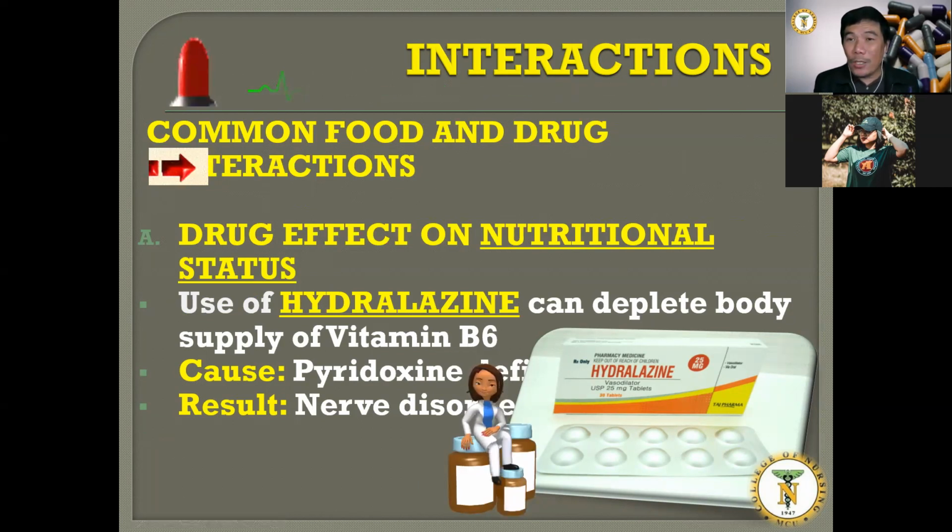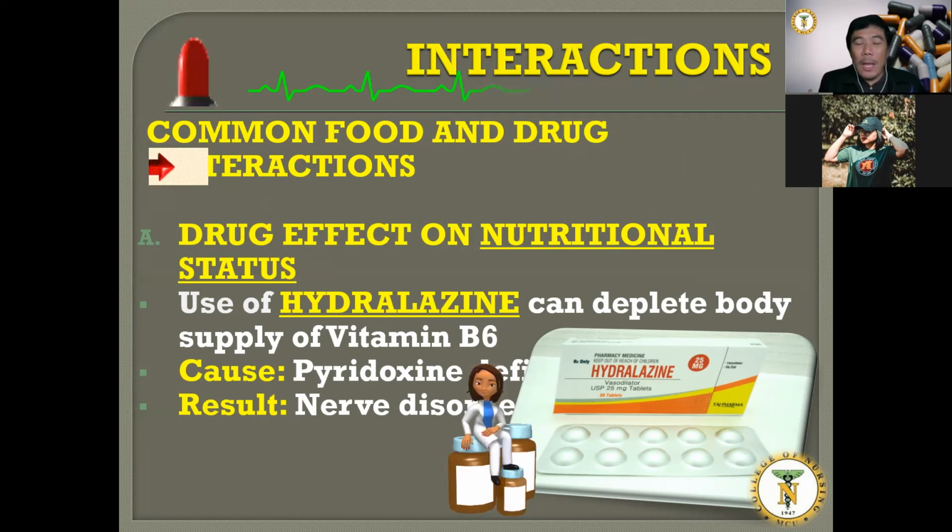It's either obstruction due to fatty plaques or constriction brought about by some substances such as nicotine and excessive alcohol in the blood, that may cause irritation of the endothelial lining. Now, hydralazine can deplete the body of vitamin B6.